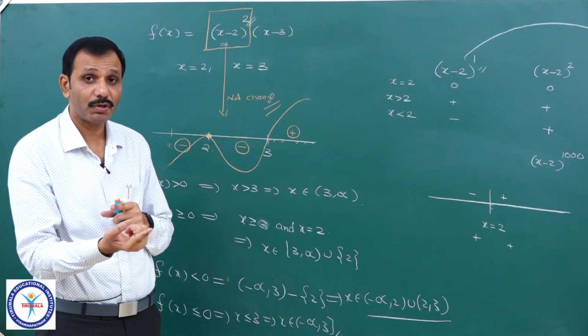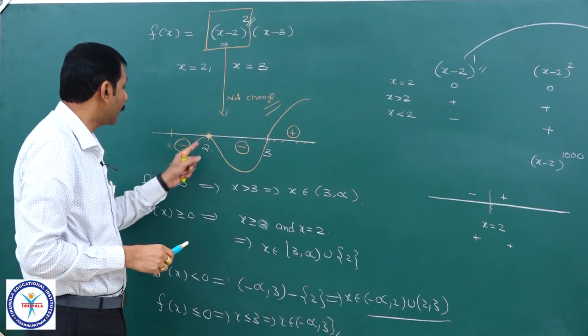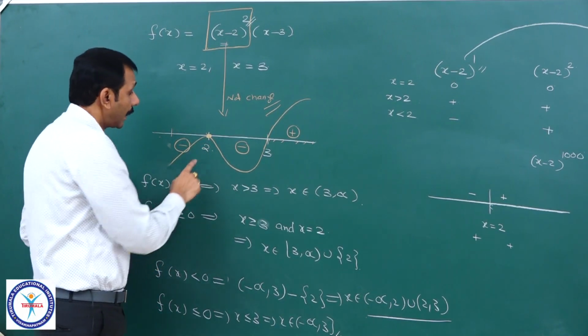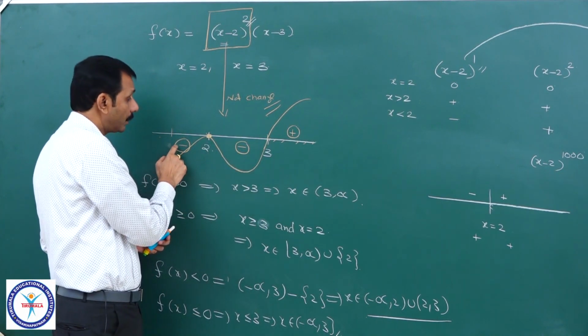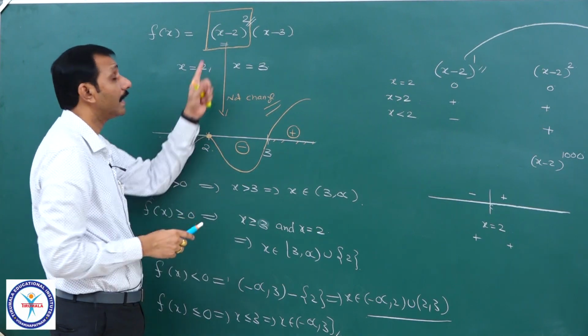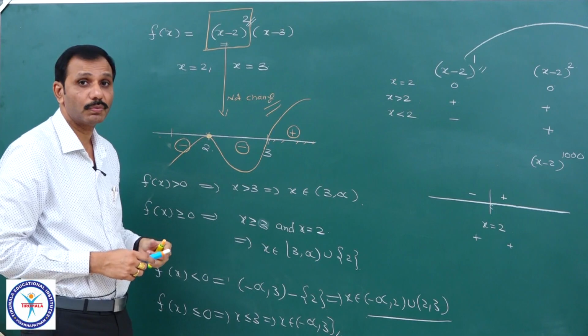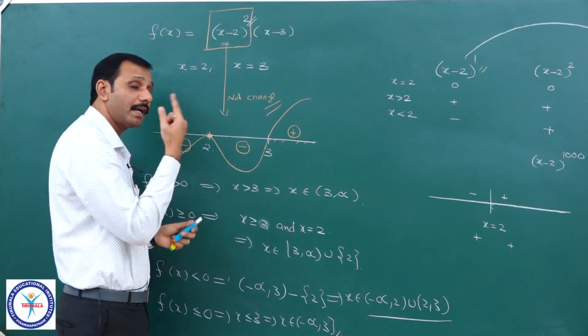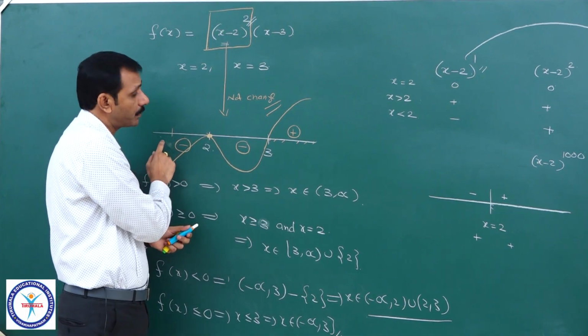If the right side is negative, the left side of that 0 will be negative only. Here you see 2. On the right side I observed negative, therefore the left side is also negative only, because of the even power. The sign will not change at x equal to 2. If you find the right side is positive, then the left side of that 2 will also be positive only.